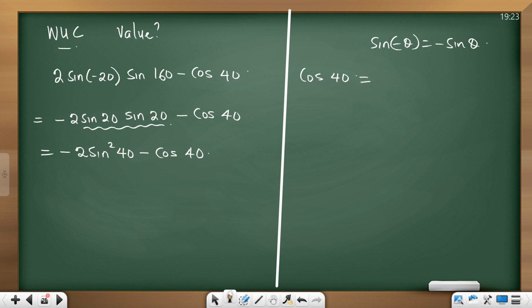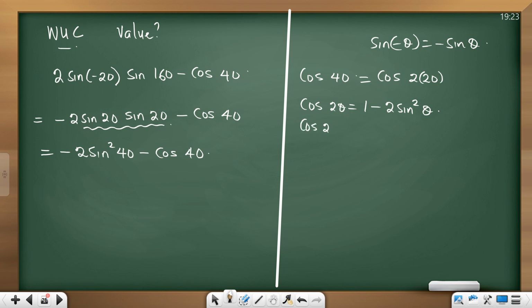If we were to work with cos 2 times 20, that's cos 40, right? I'm working with cos 2 theta. Do you notice I have a sine squared? And I know that cos 2 theta is 1 minus 2 sine squared theta. That's the formula.